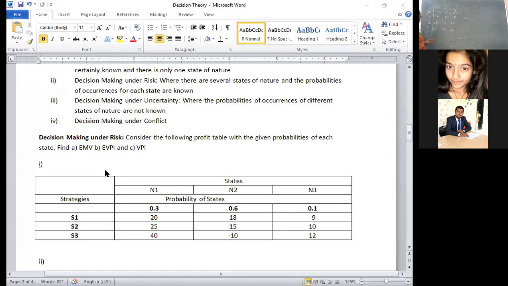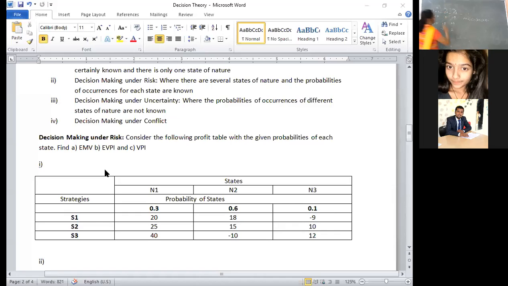For strategy S1, the formula is, listen carefully. S1, N1, the value is how much? 20, into the corresponding probability 0.3, plus strategy remains the same, S1 itself, column changes, that is N2.